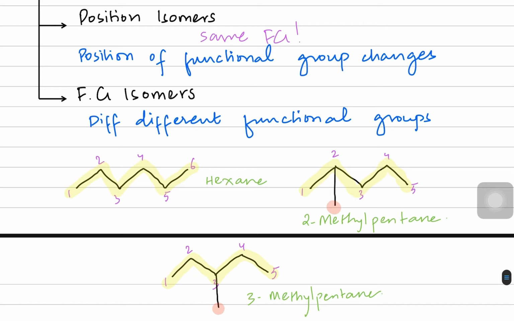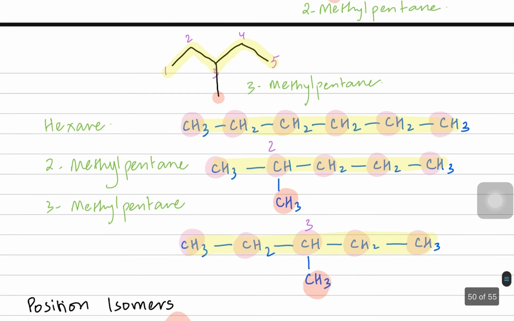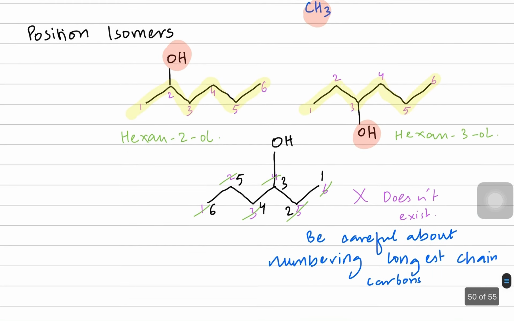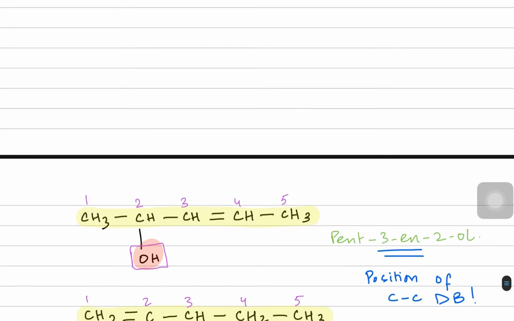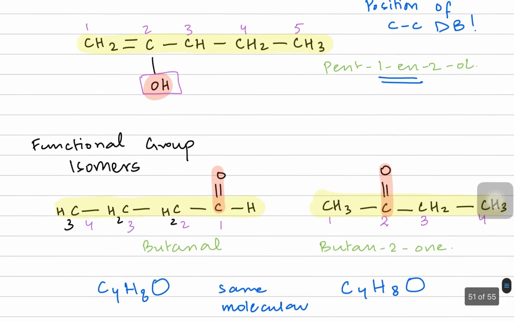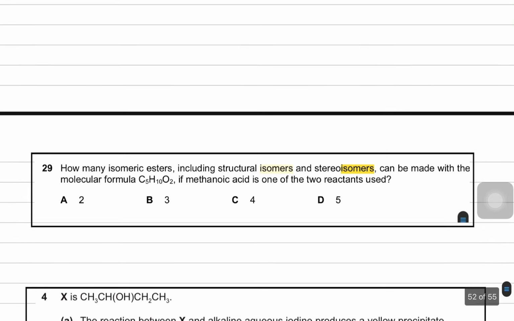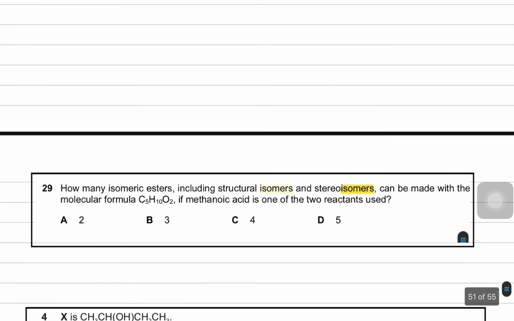In functional group isomers, the whole functional group would be different. We did some examples for chain isomers, then some for position isomers, and then some for functional group isomers.